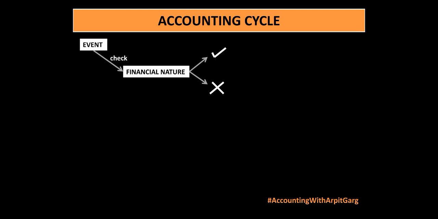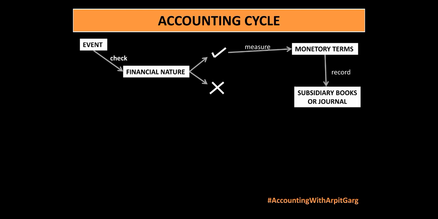If it comes out to be of financial nature, we measure it in terms of money. Then the transaction is recorded in subsidiary books or journal, then posted to the ledger. Then, with the help of balances of ledger accounts, we prepare the trial balance.